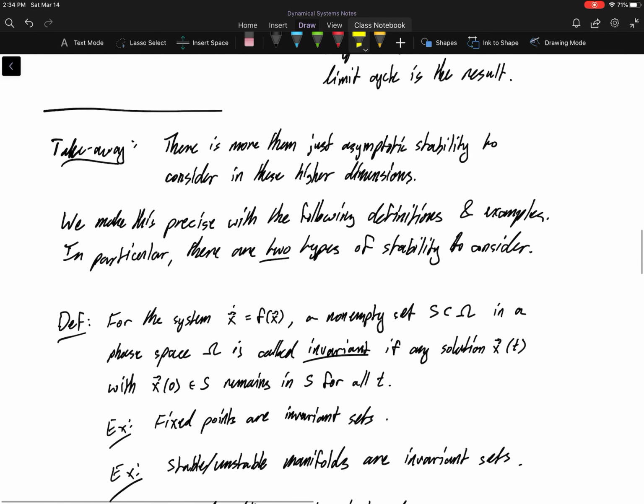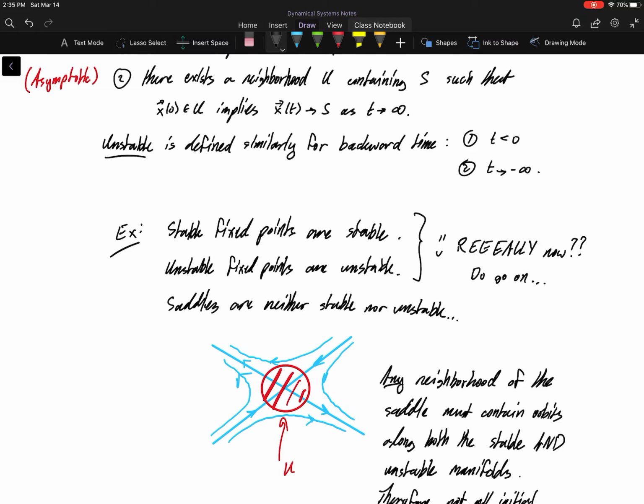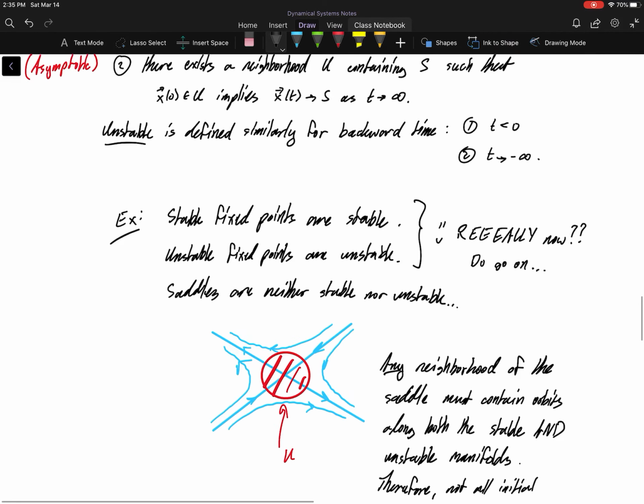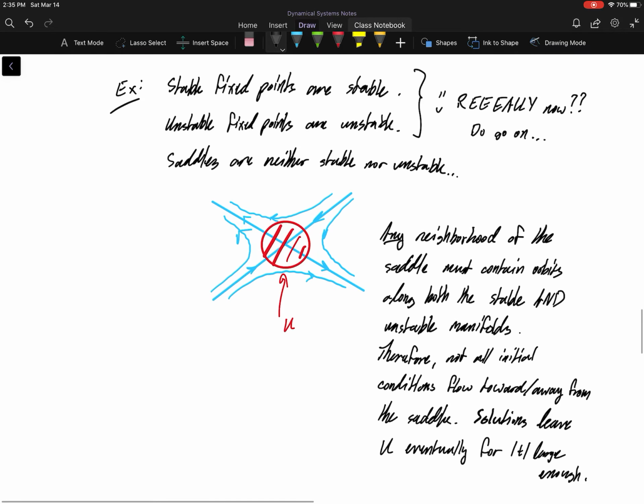So any neighborhood, this U set that we're talking about in definition 2, any neighborhood that I outfit around a saddle point is going to contain parts of the stable and unstable manifolds. So eventually in forward time, I'm going to have to leave U along the unstable manifold.